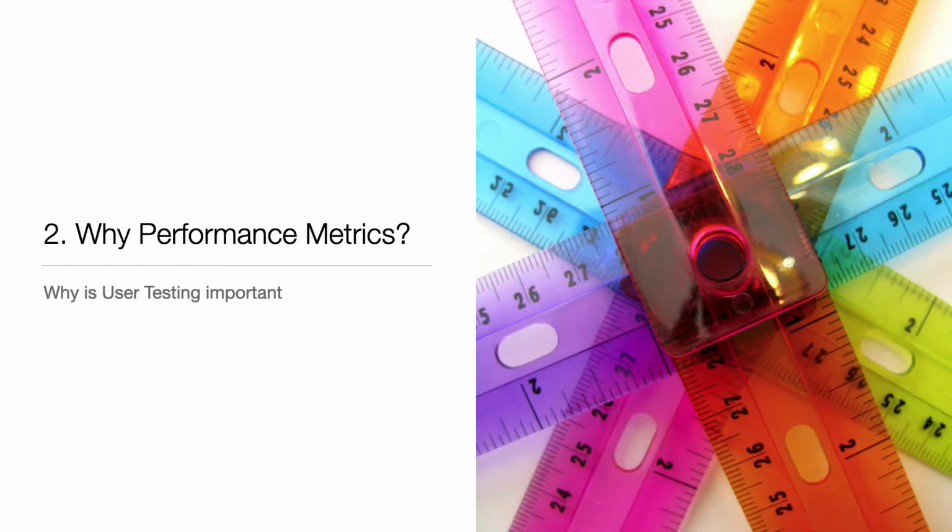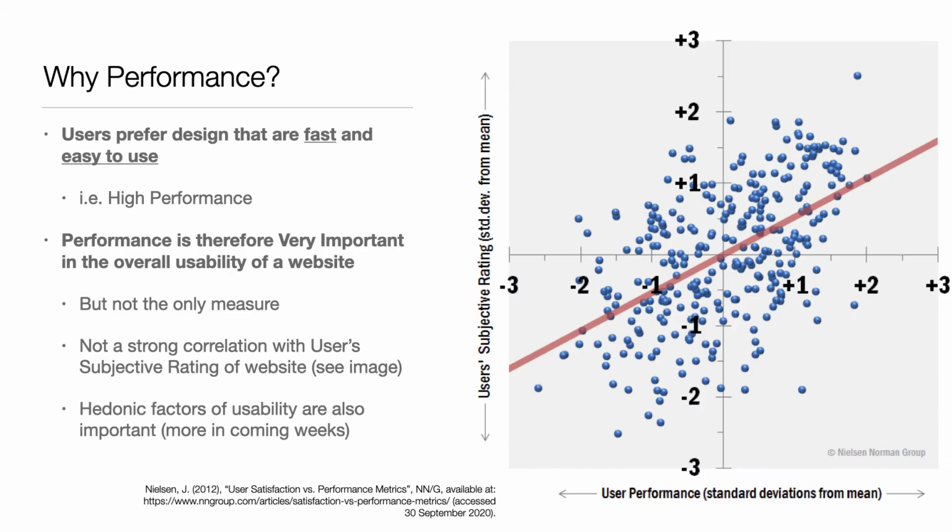So why do we care about performance metrics? Why are these important? Well, when you increase your performance, when you are working at a higher level of performance, your satisfaction rating goes up. So a metric is a very, very important item. People prefer designs that are fast and easy to use. So performance is a very important aspect of an overall measure of how good a website is.